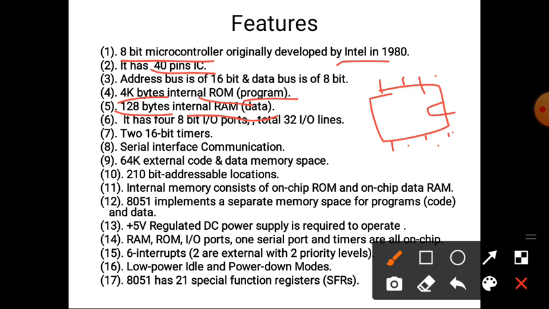Programs are stored during the manufacturing time, so they are stored in a ROM. ROM is read-only memory. Once we write the program, then it can only be read. So its memory requirement is 4 kilobytes. Data means data may be changed during the execution of that program. So it will be 128 bytes.